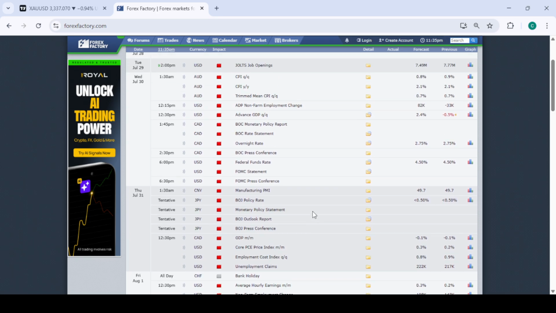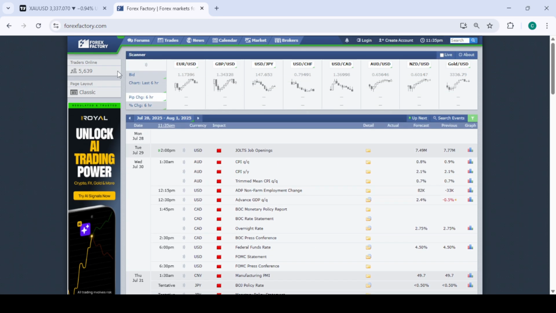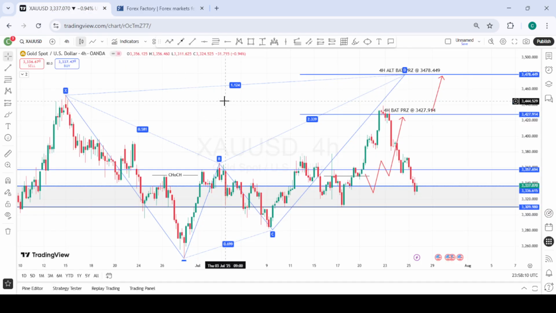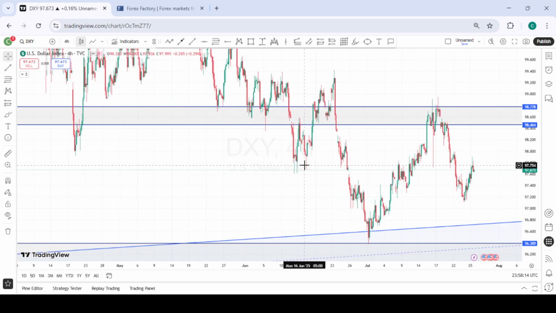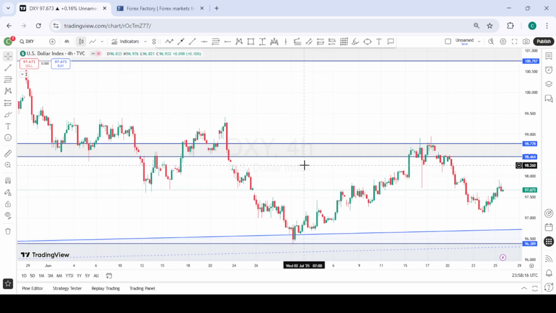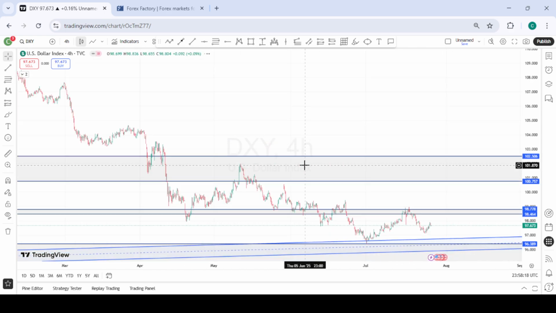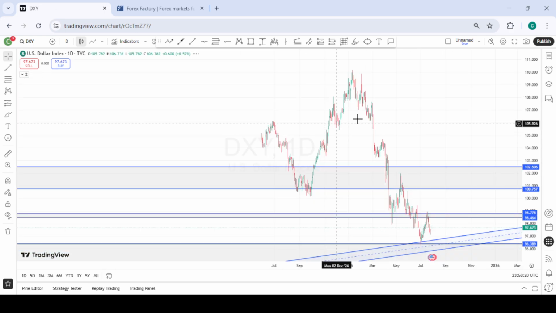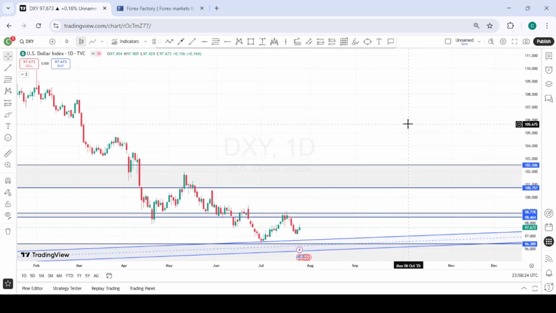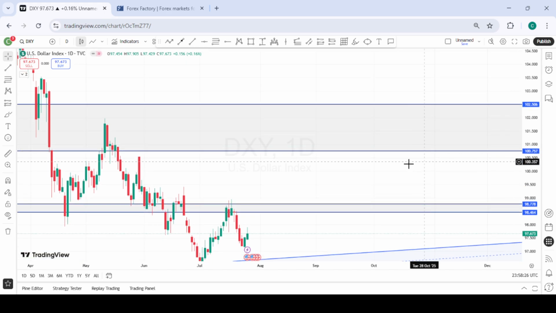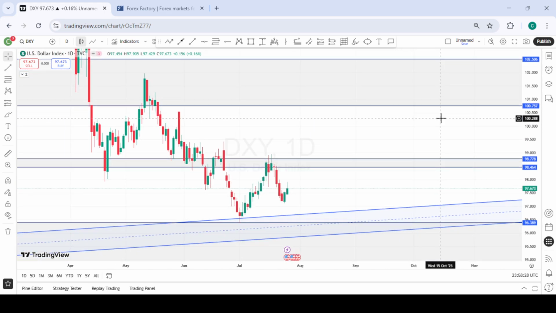So let's delve into the charts for this week. Let's have a quick overview of DXY. As I explained in previous episodes, DXY is currently around a strong support area.